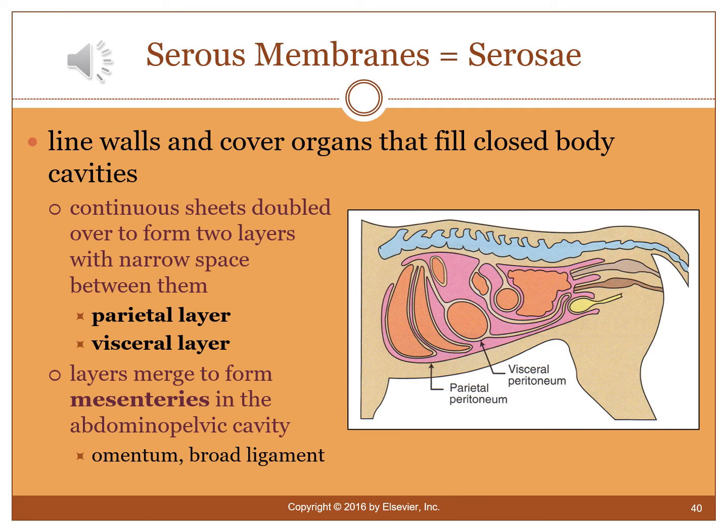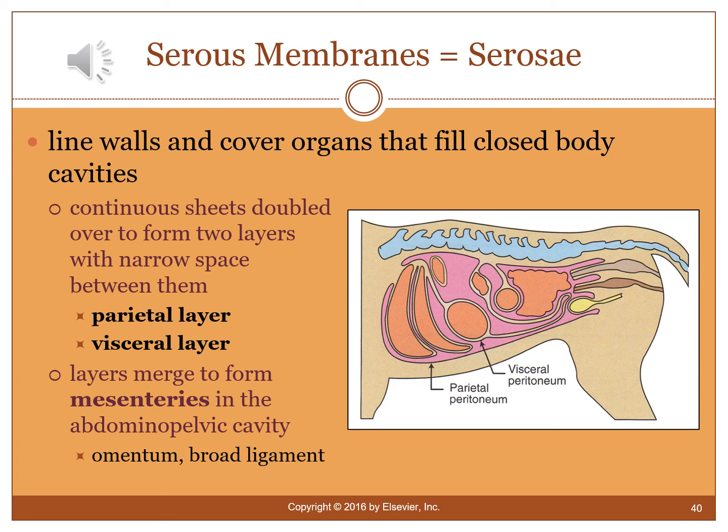Serous membranes, or plural serosae, they line the walls and cover the organs that fill closed body cavities, such as the chest cavity or abdominal cavity, as well as pelvic cavities. So in this picture here, there is the parietal peritoneum and the visceral peritoneum.